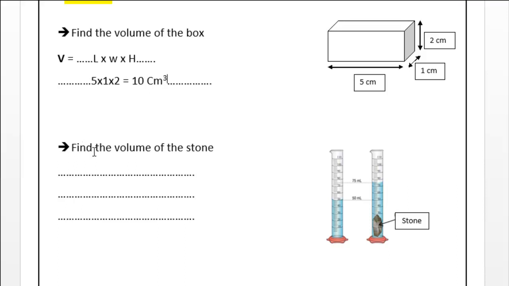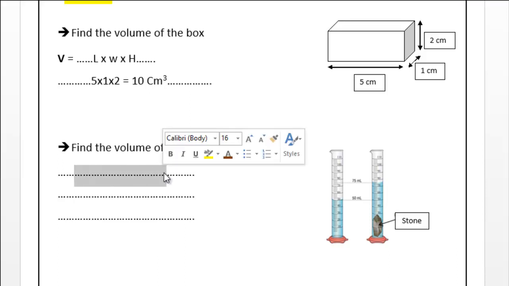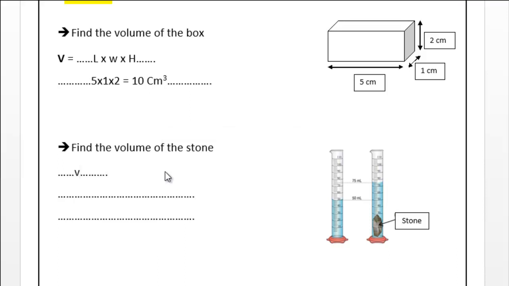Okay. Here, find the volume of the stone. We have here the water only is 50 milliliters, and after we put the stone in the graduated cylinder, the volume of the water and the stone becomes 75 milliliters. So the volume is equal to V2 minus V1. V2 is the volume of the water and the stone, and V1 is the volume of only water.